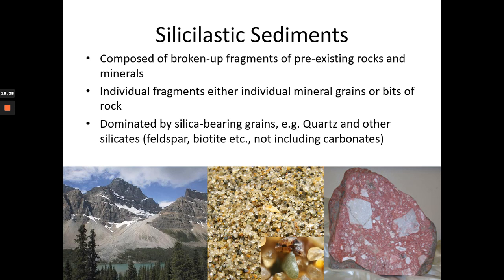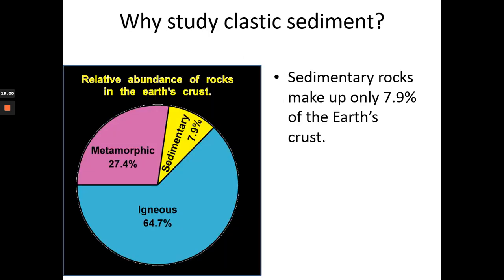Don't some carbonates be made up of grains? Yes, they were formed by breakdown of material of older rock. But remember, we're talking about siliciclastic, so silicate grains, okay? Not carbonates. So you can have clastic carbonates, right? But they're not siliciclastic. It's just a little bit of terminology there.